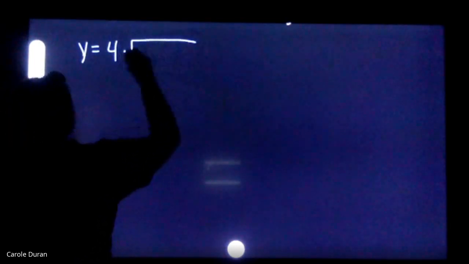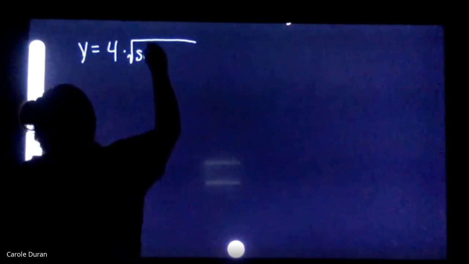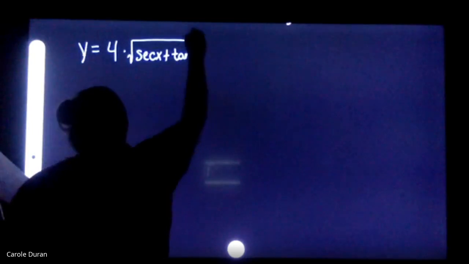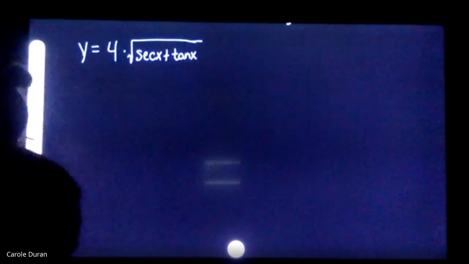Y equals 4 times the square root of secant x plus tangent x. Anytime we are given the square root of something, I always prefer rewriting that as an exponent because then it's more obviously a chain rule thing to me and it's easier to work with.